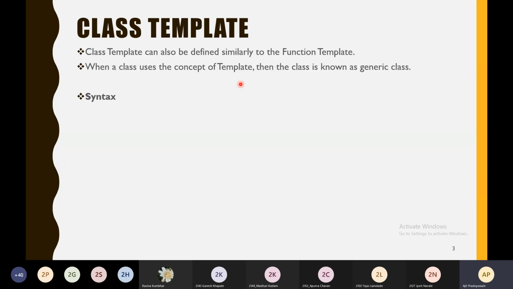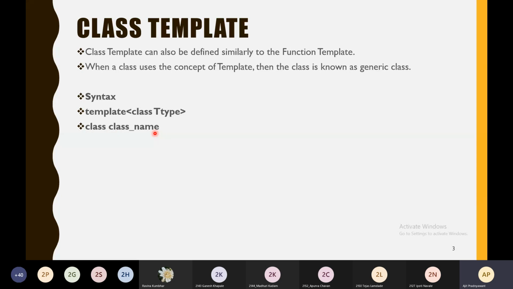Then what is the syntax for class template? Template, and then in brackets you have to mention the class keyword and you have to mention the type. It is denoted by T type. And then you have to give the name to the class.